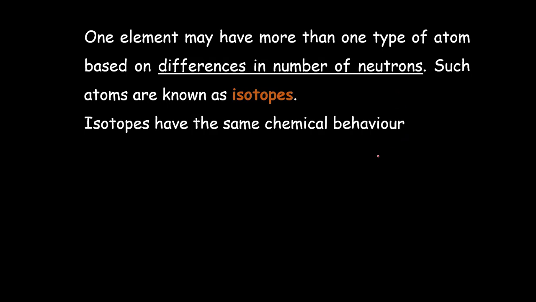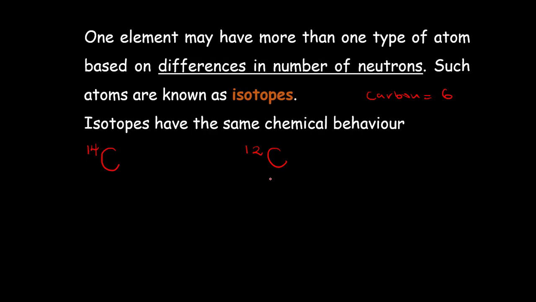But what exactly are isotopes? Now you might have heard about carbon dating. In carbon dating, we use a specific kind of carbon atom known as carbon-14. The most common atom of carbon is carbon-12. Carbon has atomic number 6.